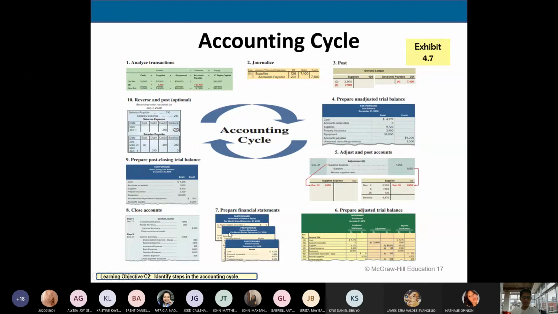We prepare the other financial statements, no? Income statement, statement of owner's equity. We close the accounts, tama? For us to prepare the post-closing trial balance. Mamaya i-discuss natin yung reversing entries. But this process is an optional process. Okay?